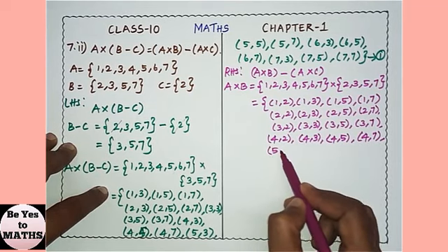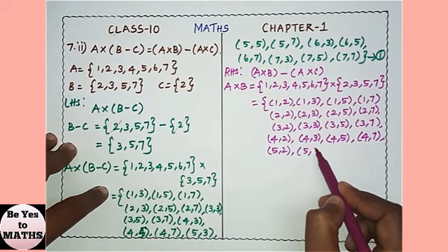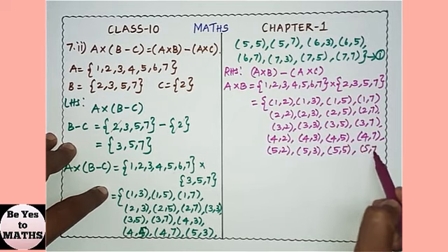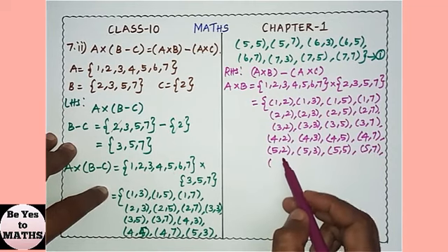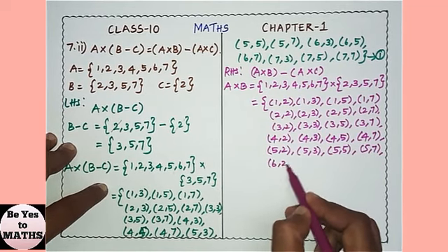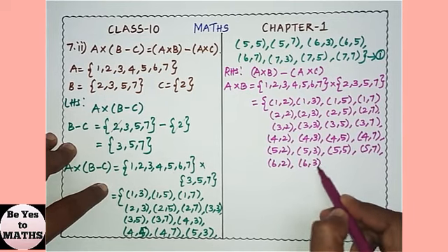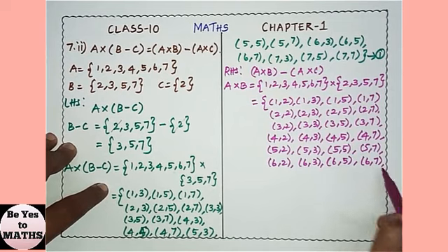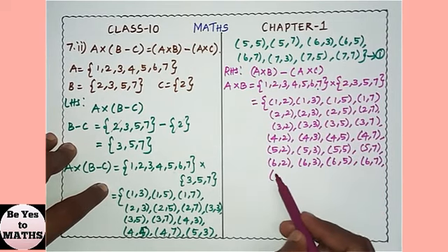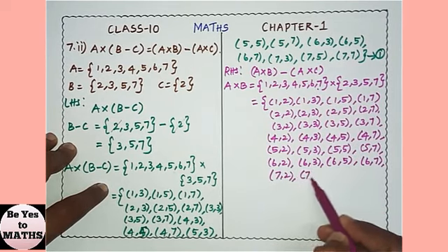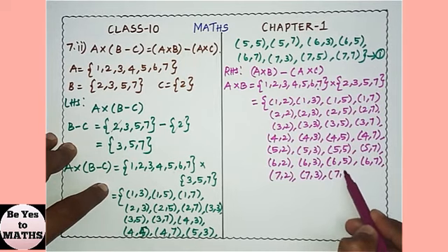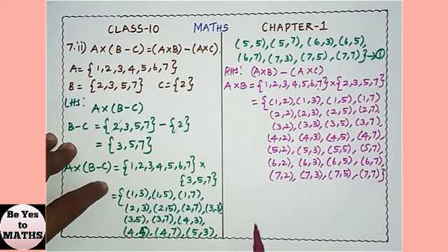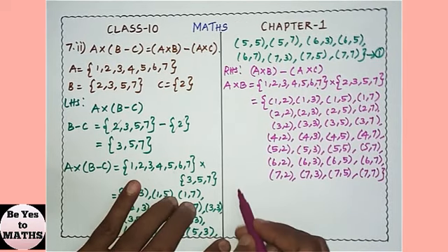Then 5 comma 2, 5 comma 3, 5 comma 5, 5 comma 7. Then 6 comma 2, 6 comma 3, 6 comma 5, 6 comma 7, then 7 comma 2, 7 comma 3, 7 comma 5, and finally 7 comma 7.